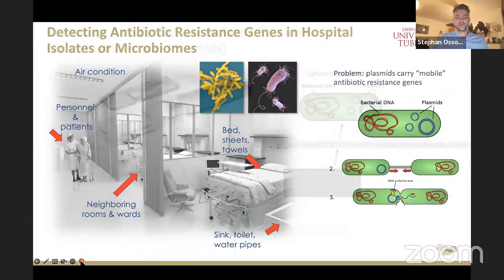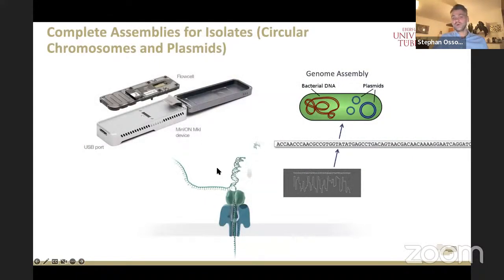And there we use nanopore, because with nanopore or also PacBio, we use both, you can really get very long reads that allow you to perfectly assemble these chromosomes and plasmids in circular chromosomes or plasmids, so you can be sure it's a plasmid or not. And by then annotating the resistance genes, we really understand how a specific resistance or extreme resistance spreads in the hospital.